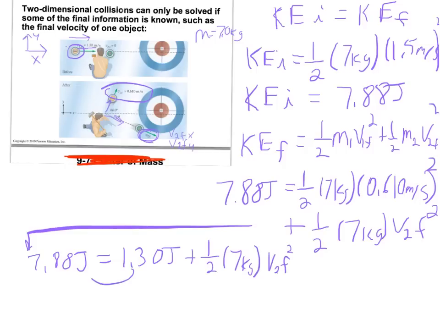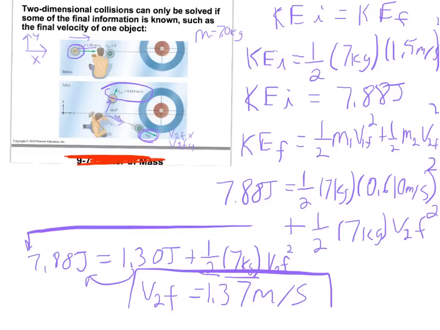If I subtract the 1.3, multiply by 2, divide by 7, and take the square root, I get V2F equals 1.37 meters per second. Okay? So I've found its final velocity, not split into x and y, using energy conservation.